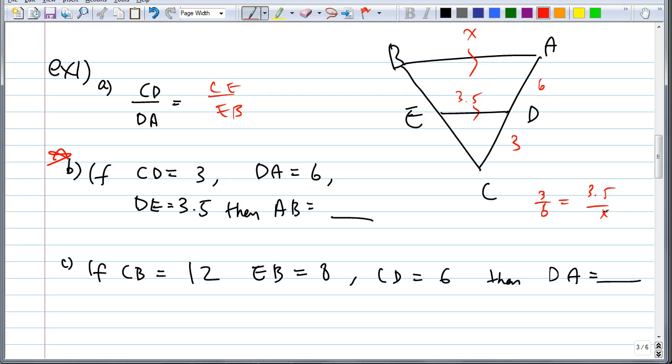How come it's not right? Naomi, why can we not do 3 over 6 equals 3.5 over X? Because you get 7 as the X, which is not correct.